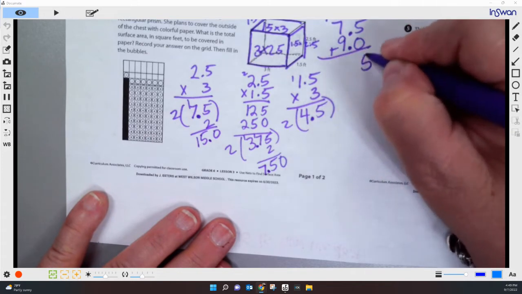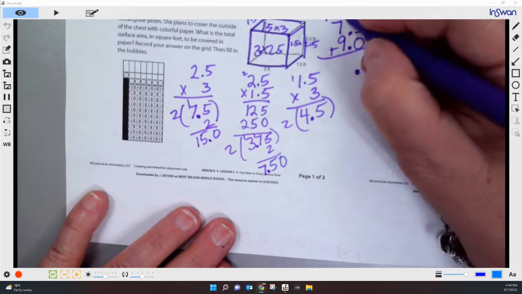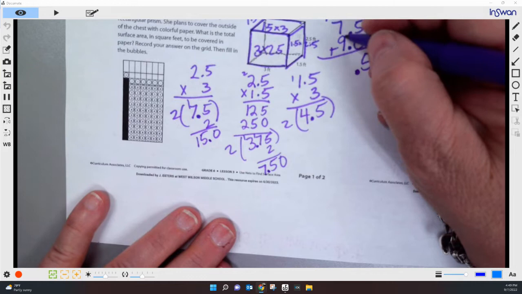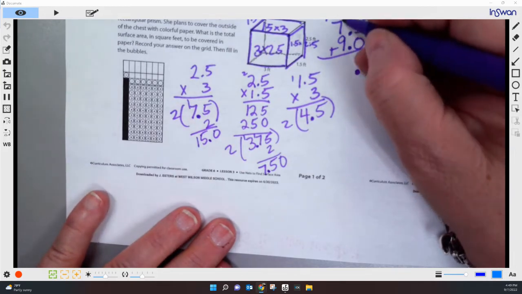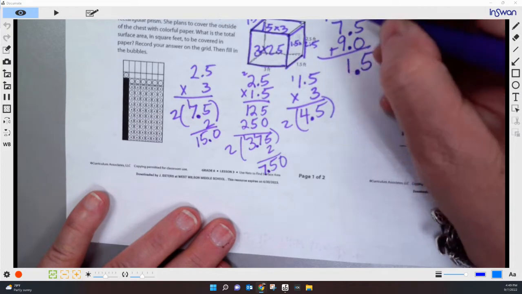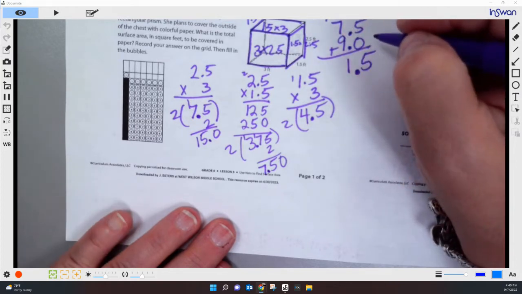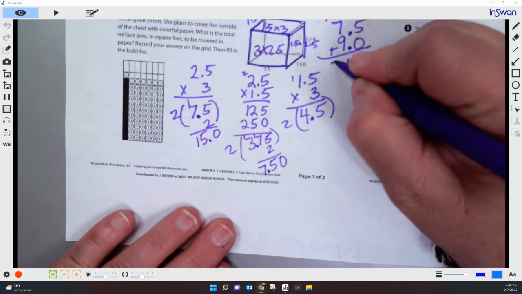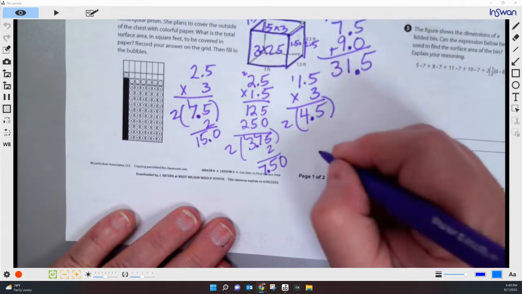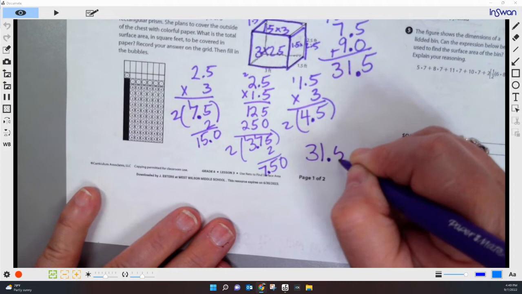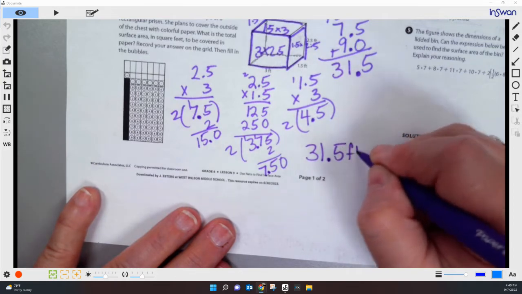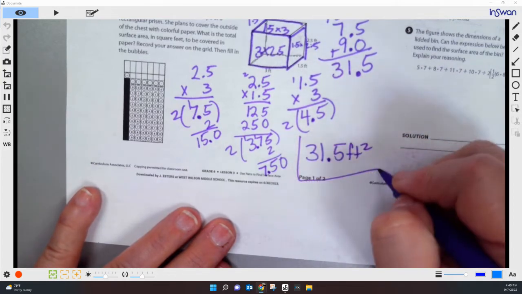So that leaves us with 5. 9 plus 7 is 16. 16 plus 5 is 21. Carry the 2. 2 plus 1 is 3. So the answer is going to be 31.5 feet squared.